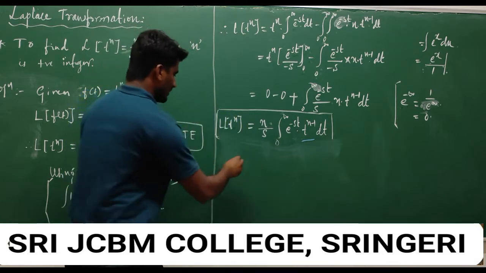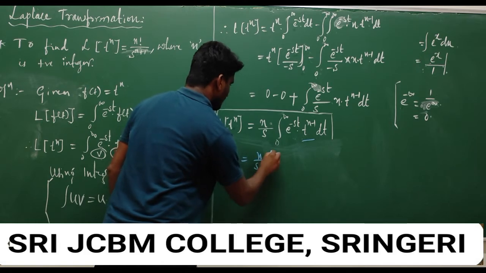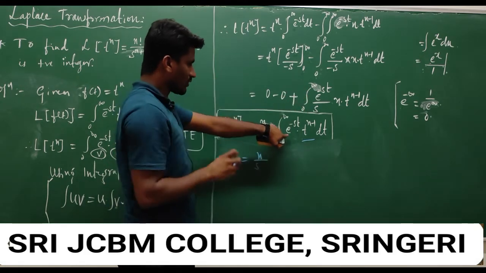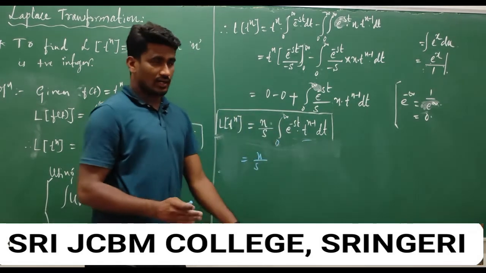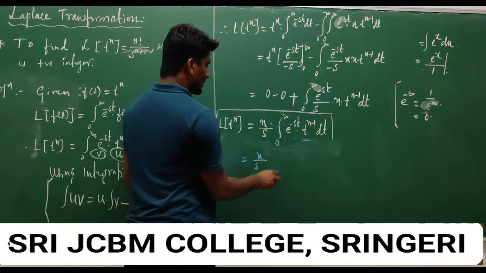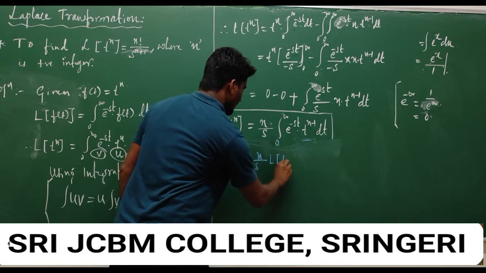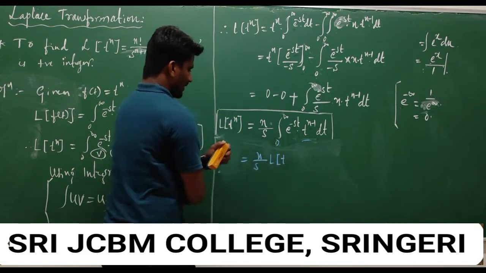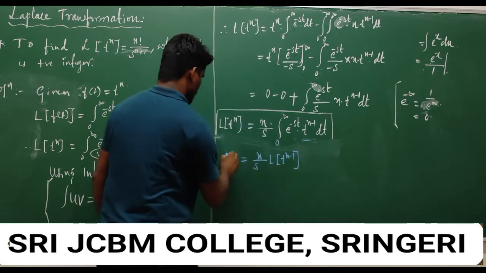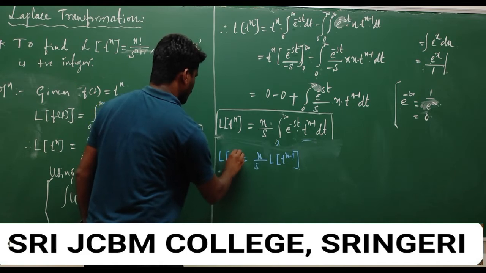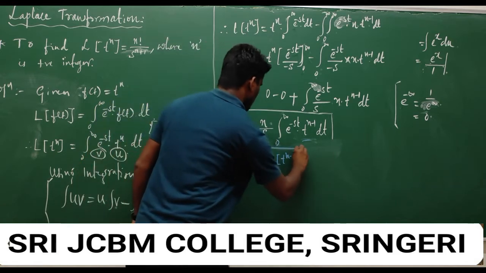This can be written using our definition of Laplace transform: n over s times the integration of 0 to infinity e to the power minus st t to the power n minus 1, and this looks like the definition of Laplace transform. So we can write it as n over s times the Laplace transform of t to the power n minus 1, and this is the general condition of Laplace transform.